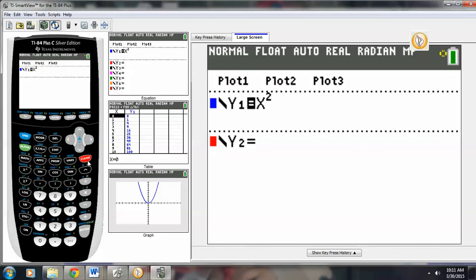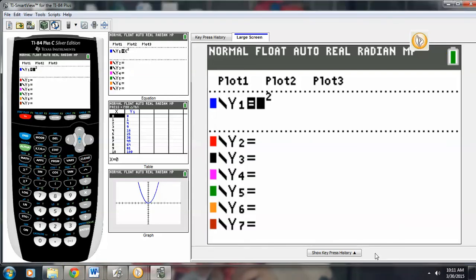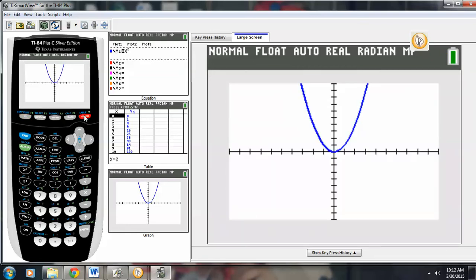Is there anything in there to start? Alright, so we should have y equals x squared typed in. Let's go to graph so we can see a picture of what this graph is going to look like. So click graph. Does your graph look like mine?